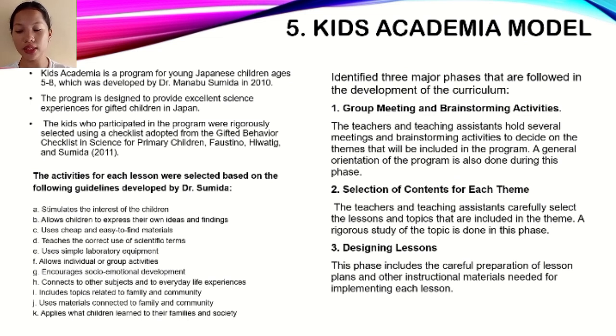The second one is selection of contents for each theme, where a rigorous study of the topic is done. And the last one is designing lessons: preparation of lesson plans and instructional materials for implementing each lesson.